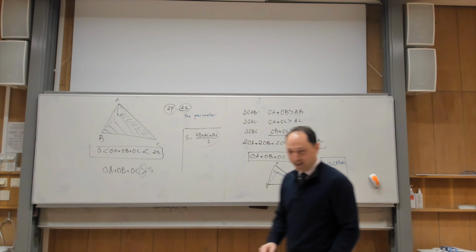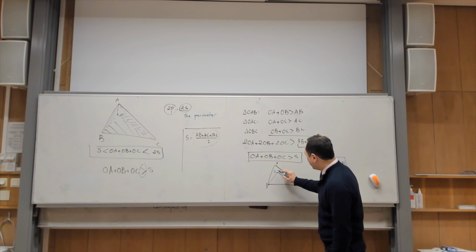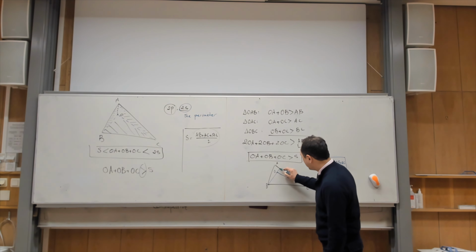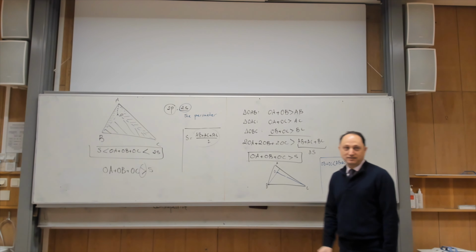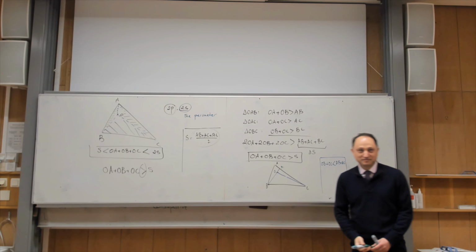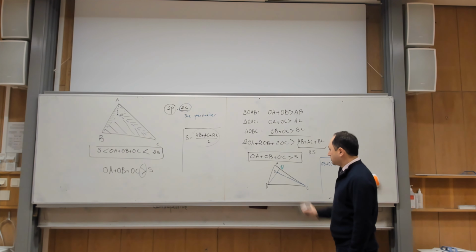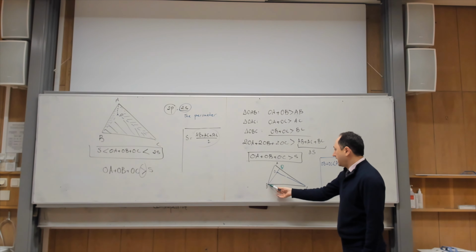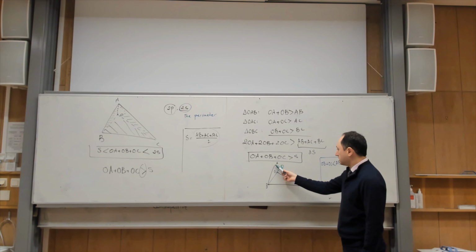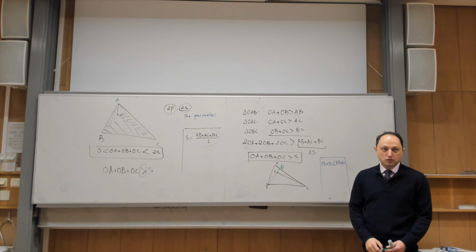Okay, let me give you a hint. I would extend this, and let me call the point D, so that it intersects AC at point D. Then I have three triangles, so I increase the number of triangles.